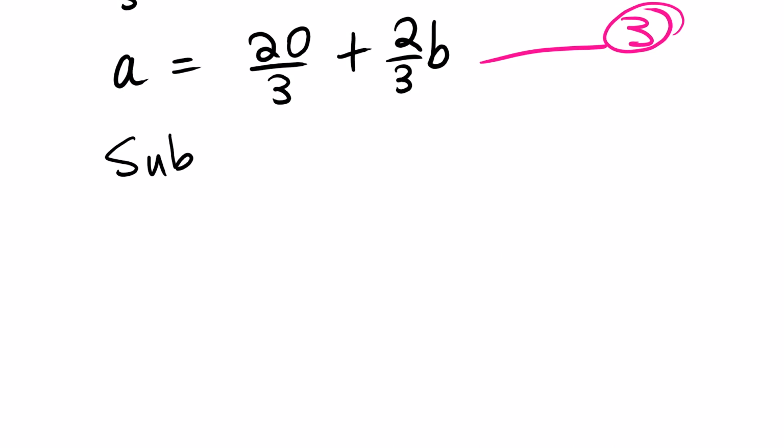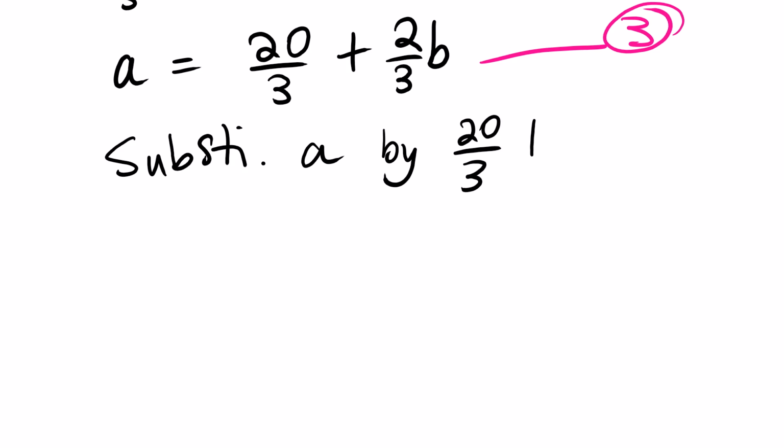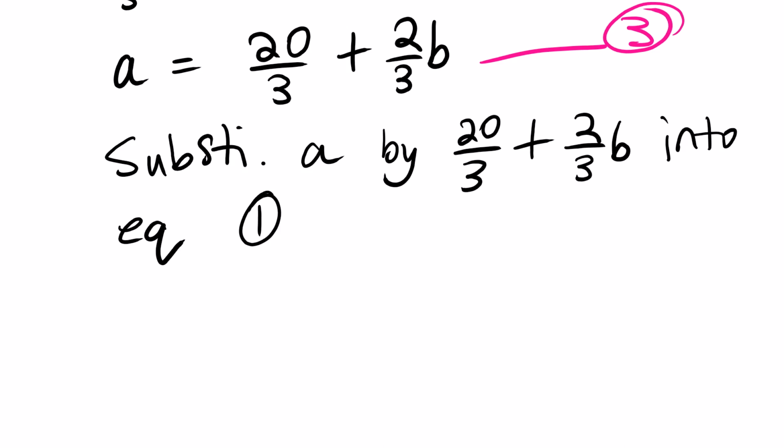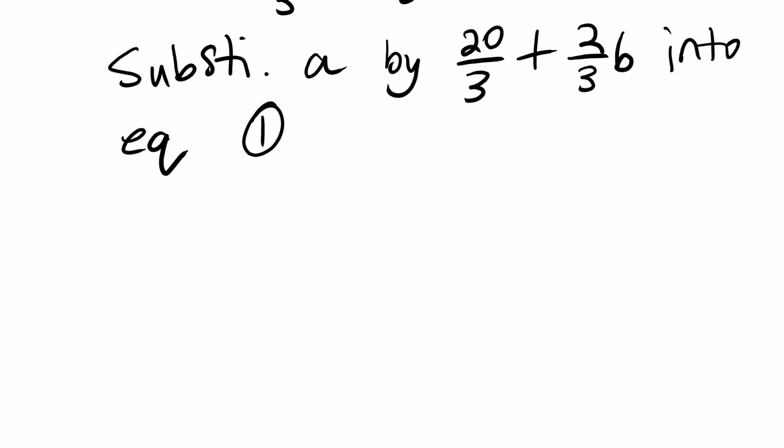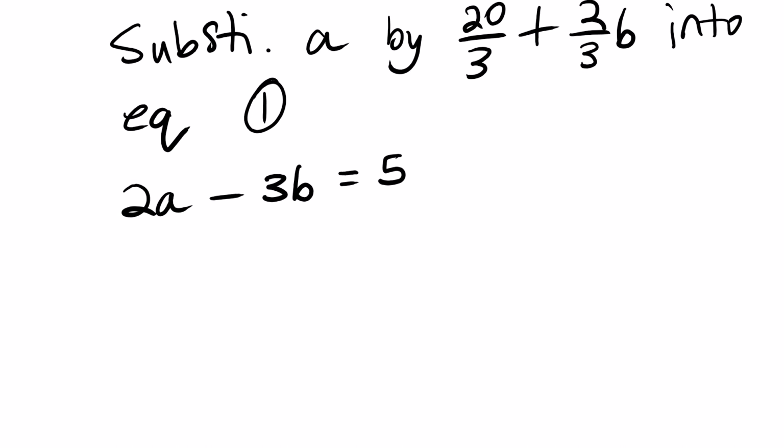From here, substitute a by 20 divided by 3 plus 2 over 3b into equation 1. So equation 1 is 2a minus 3b is equals to 5. Where I see a, I'll substitute by this.